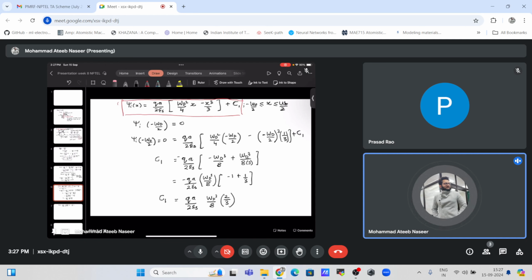C1 has the value of qA by 2 epsilon s, that we have taken as common.